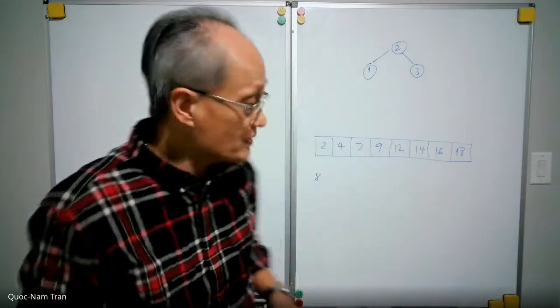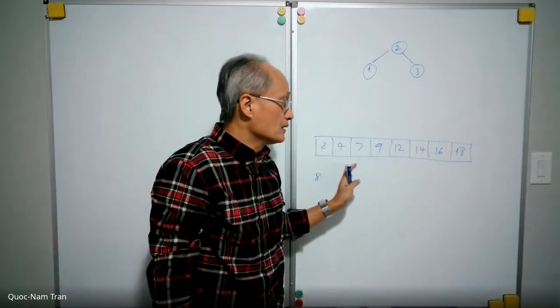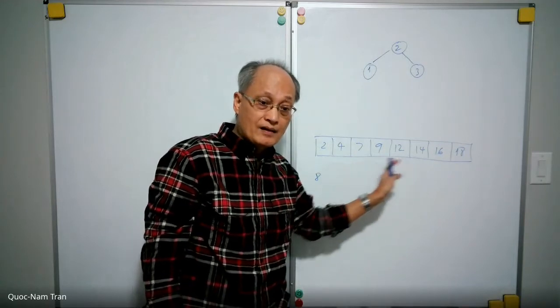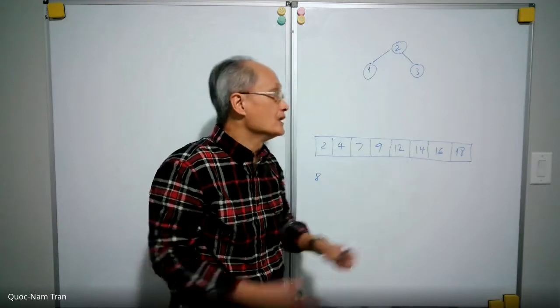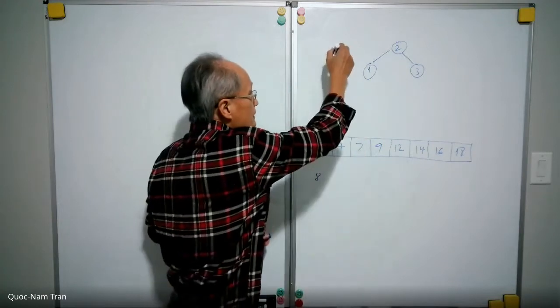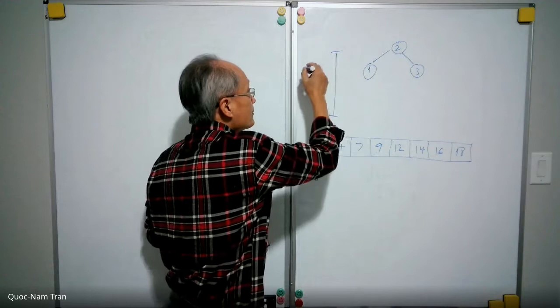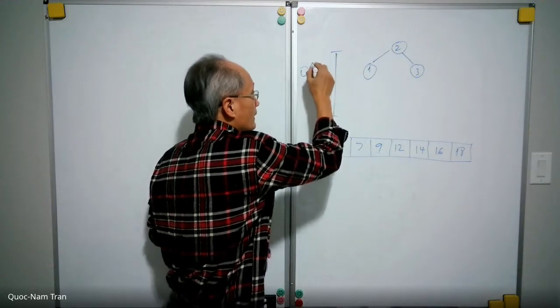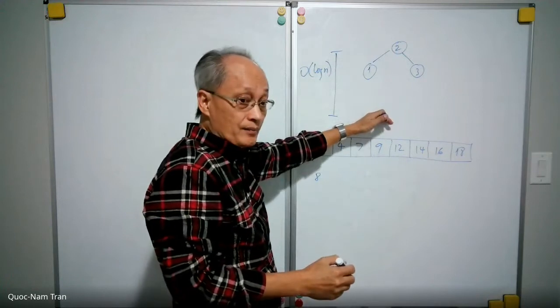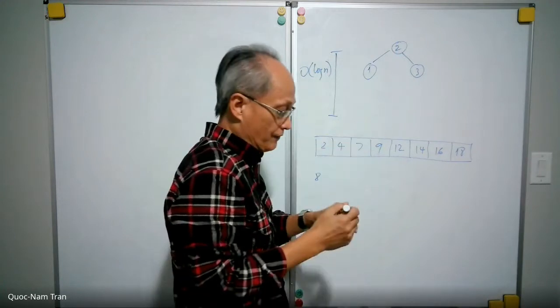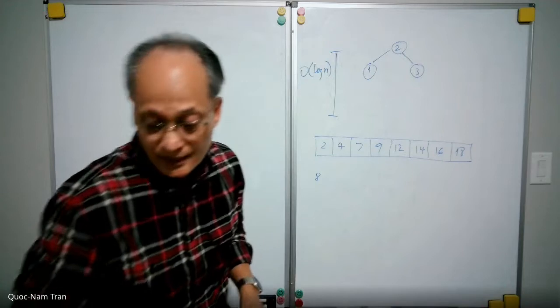Binary search tree has very similar complexity to binary search on an array, meaning it takes big O log n steps when we search the binary search tree for an element.